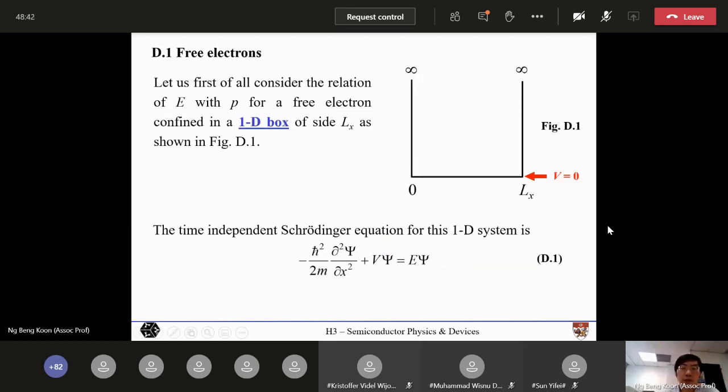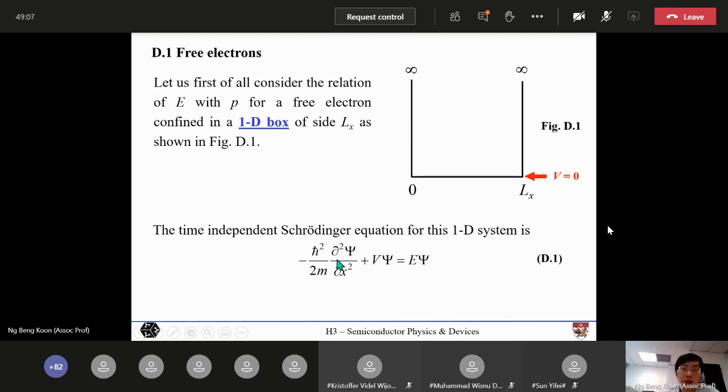In order to find the E-k relation for a quantum mechanical particle like an electron, remember we have to use the Schrödinger equation. You cannot use Newtonian mechanics anymore, because at that small scale Newton's laws don't work accurately. So we have to use the quantum mechanical Schrödinger equation to solve this.